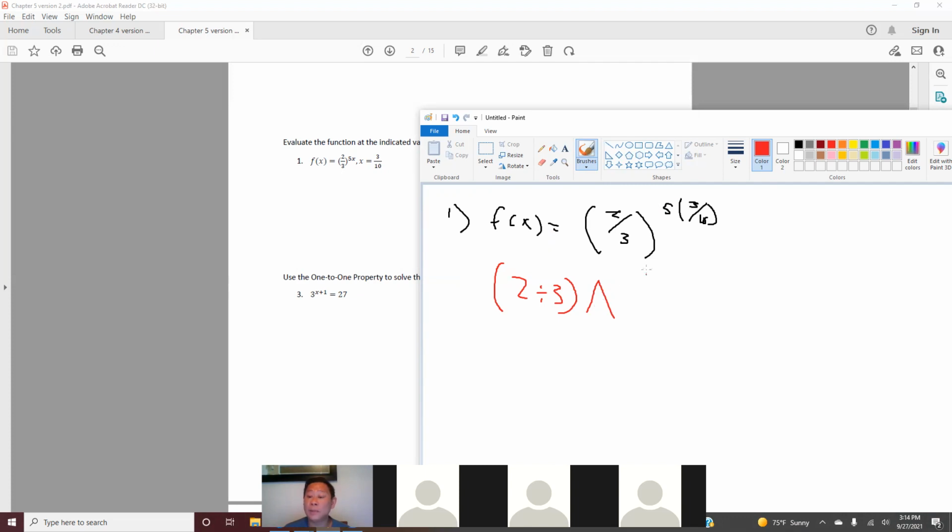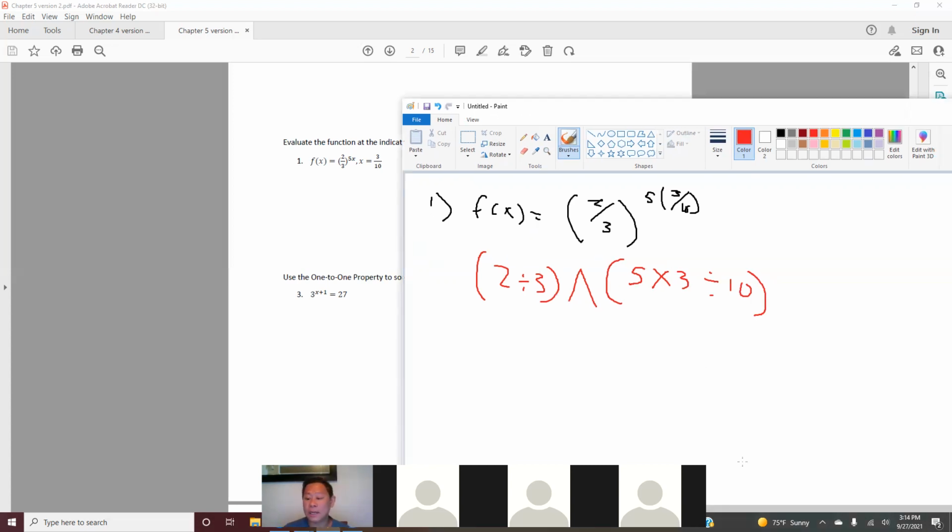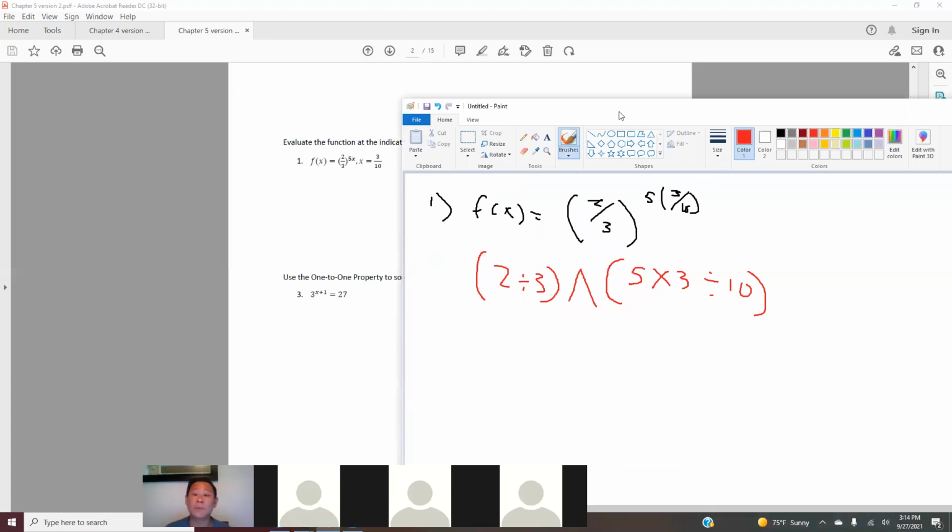And then you need a special parenthesis here because you are doing a multiplication: 5 times 3/10, and then close the parenthesis. If you don't use your parenthesis here, you get it wrong. So go ahead, class, take out your calculator and help me calculate this number.